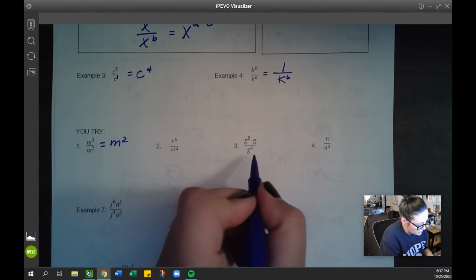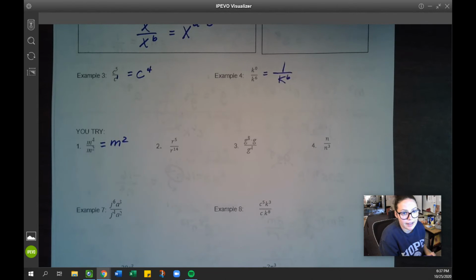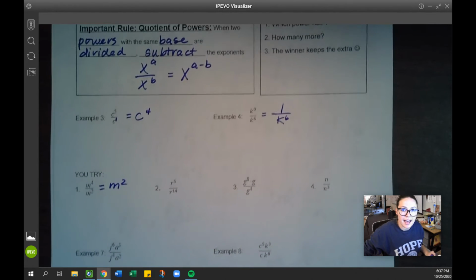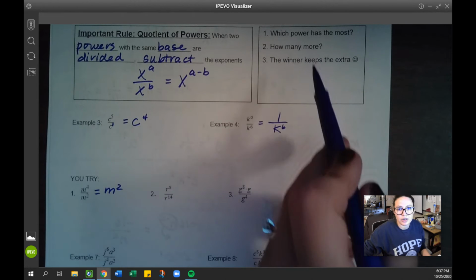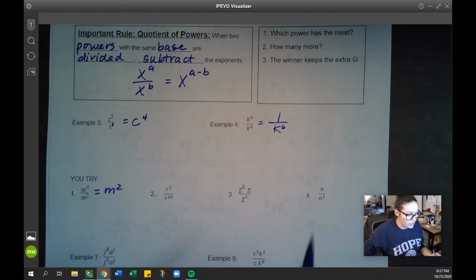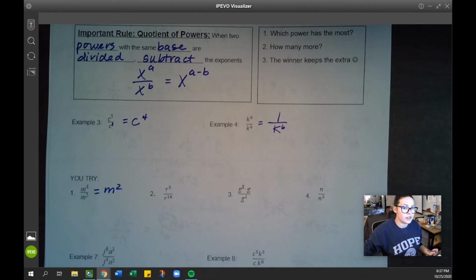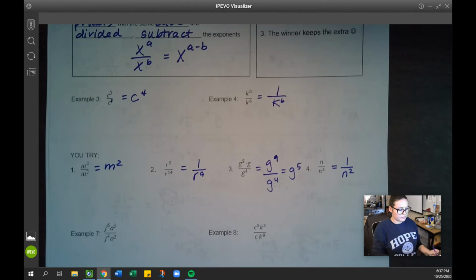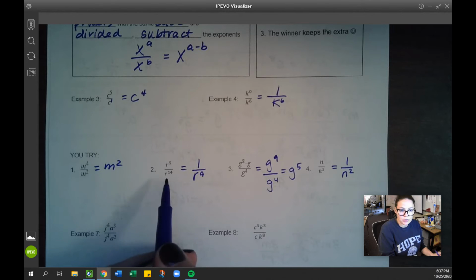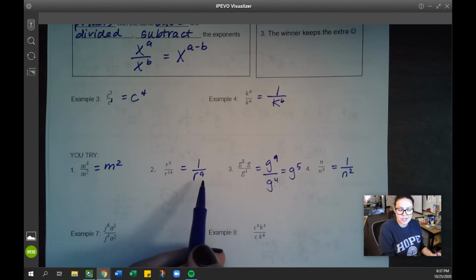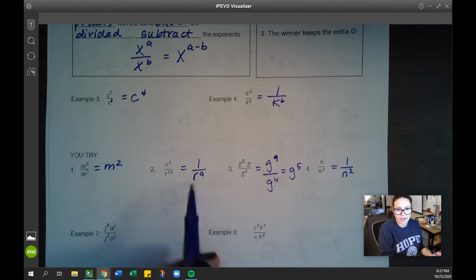You guys pause the video and see if you can try the next 3. Pause the video, try these on your own, ask yourself these 3 questions to give you the right answer. Number 3 is going to require 2 steps, so see if you can figure that one out. All right, in number 2, the bottom has 9 more, so we're left with 1 over r to the 9th.